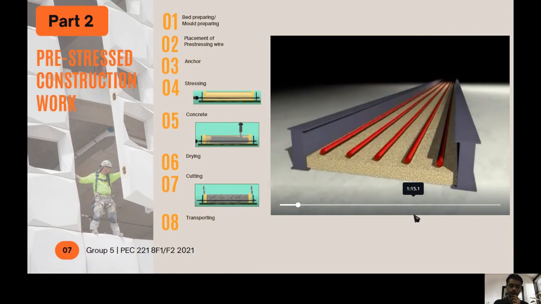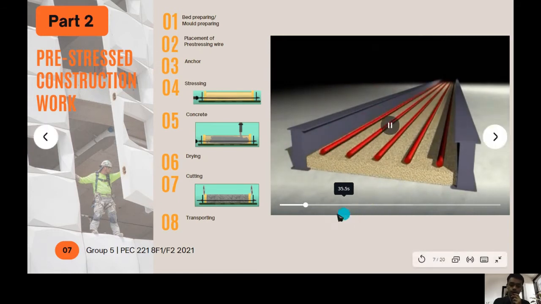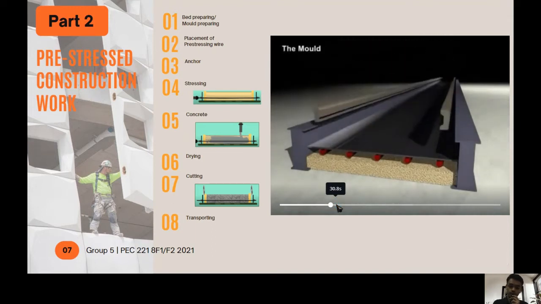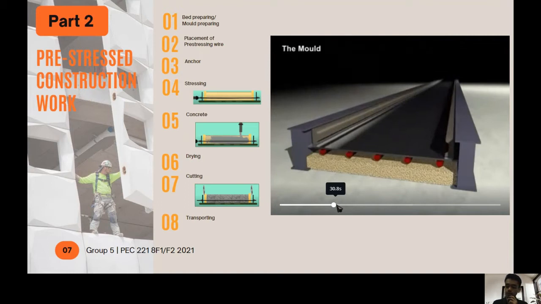As we can see here, first they will place the bed or the mold. There are various sizes and different types of structure that they can make according to their standard.